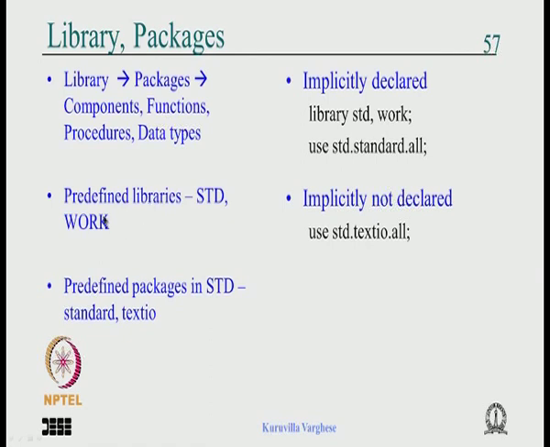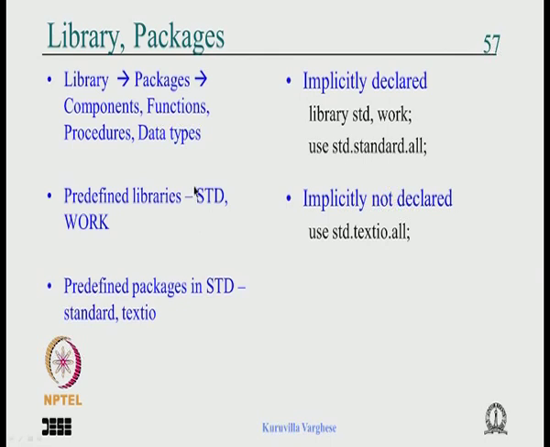And mind you, there are predefined libraries, which means we do not have to declare them. They are called the std library and the work library. The std library contains all the basic declarations and definitions of VHDL. It contains the packages which declare bit, boolean, bit vector, and the operators like plus, minus, relational operators and logical operators with regard to bit and boolean.